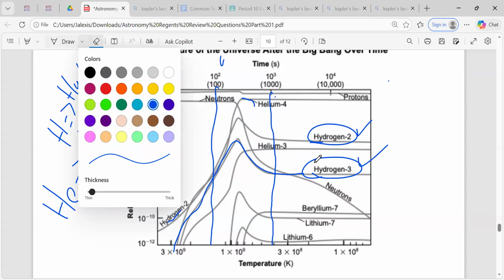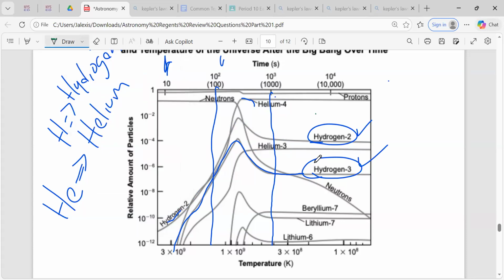So I'm going to make my helium line green, right? So for helium, helium refers to this green line right here, right? And I see helium again, the green line right here. Now, what do I notice about helium?